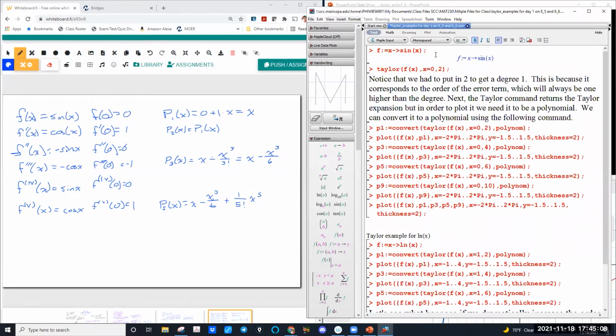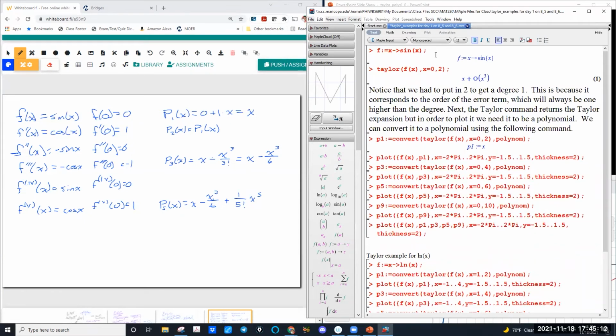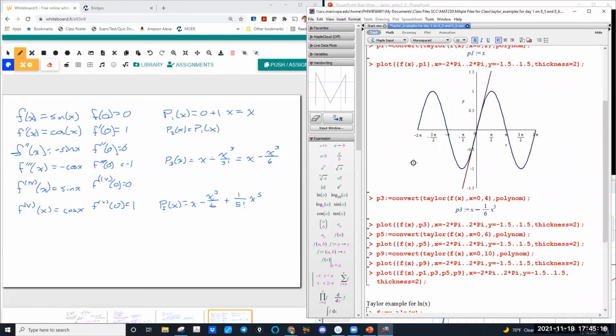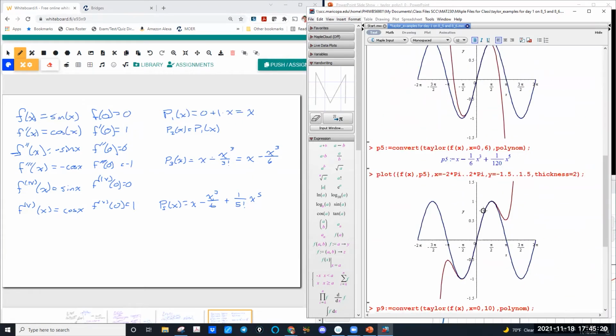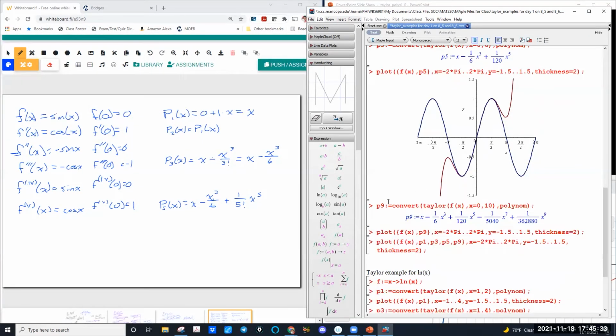Okay, so we already did the first degree. We know what that looks like. Okay, here's the third degree. We know what that looks like. We saw this one, the 5th degree. Now let's really start upping the degree. In other words, because I'm using Maple, I can do it very quickly. Here's a 9th degree.